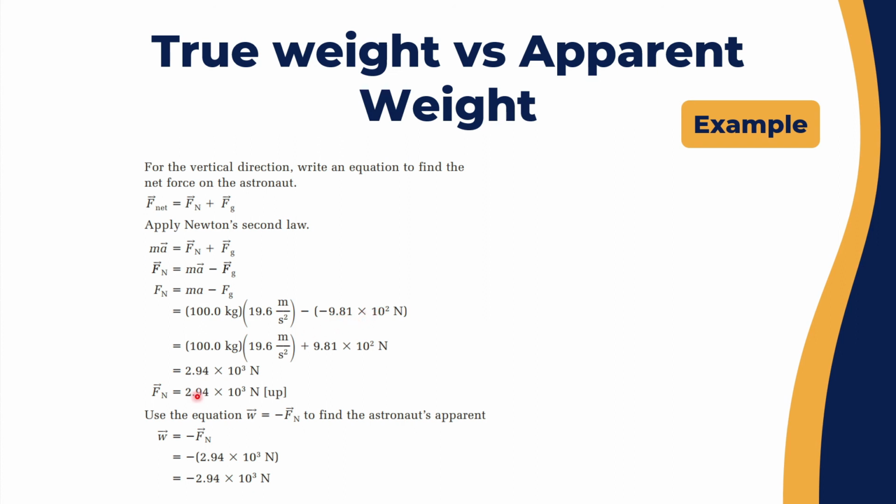The normal force applied on the astronaut equals 2.94 times 10 to the power of 3 newtons upwards. Now back to the equation: the apparent weight equals minus the normal force. We know the normal force equals this much, so the apparent weight would equal minus 2.94 times 10 to the power 3 newtons.